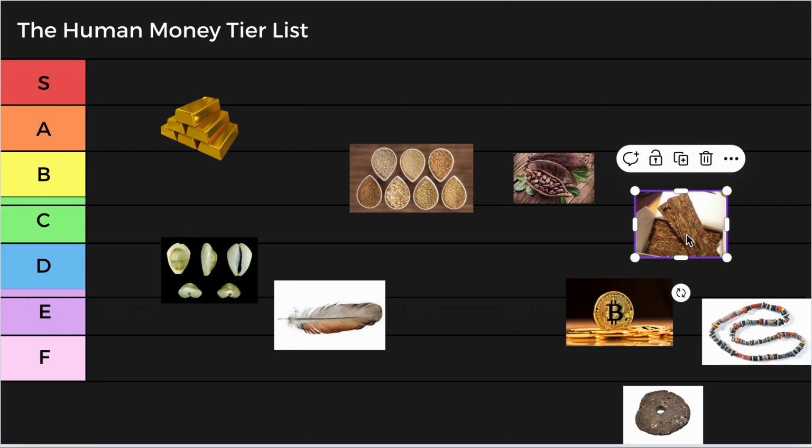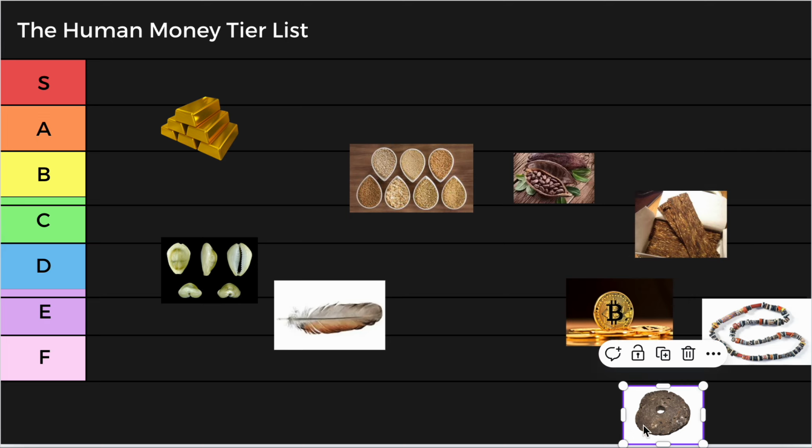They do offer an extreme amount of utility to people. Tobacco is not very fungible though. All the tobacco leaves are going to look different from each other. So the fungibility is pretty poor. And then also the divisibility of tobacco is very poor.